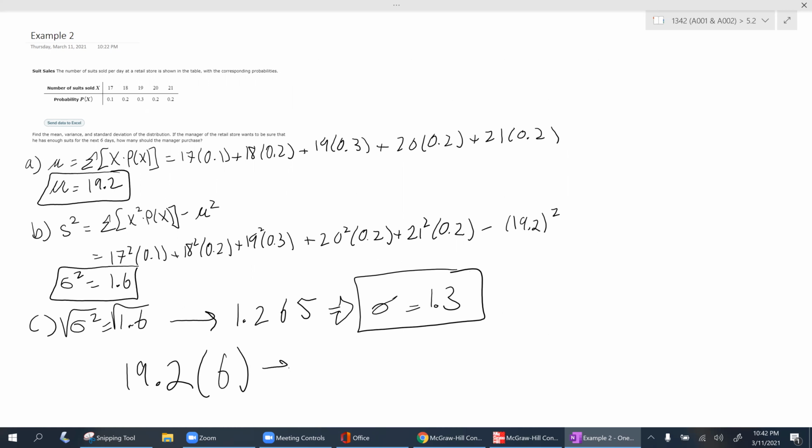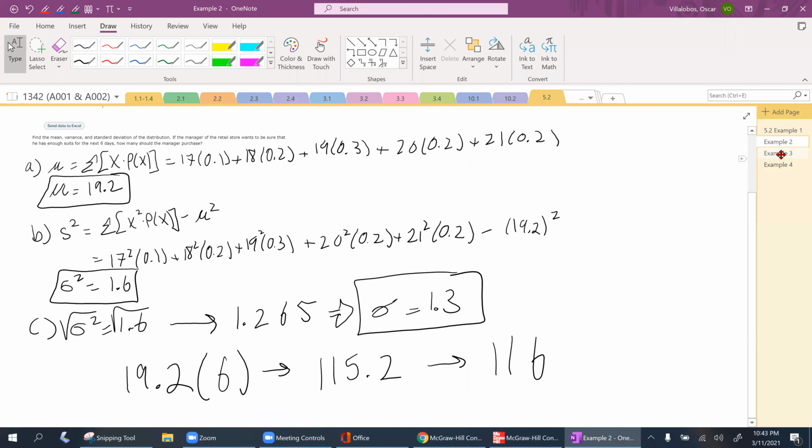That's going to give me a guesstimate. 19.2 times 6 gives me 115.2. And you always want to round up, because it's not like he can have 0.2 of a suit. So I would say he should have 116 suits ready for the next 6 days. Okay.